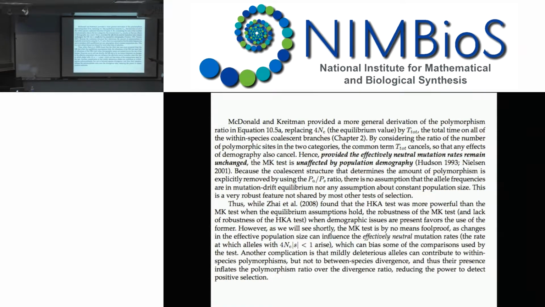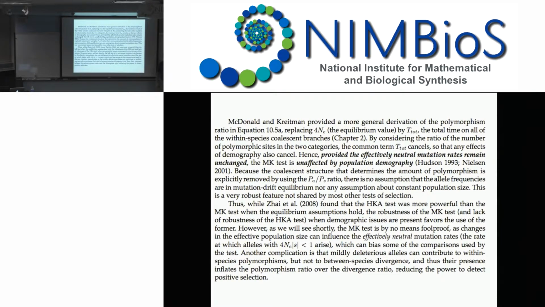If you look at this 4N_e term that comes into polymorphism, you can actually replace that by a term that looks at the total amount of time on that coalescent branch. That allows you to have a non-equilibrium population. The ratio of those two cancel, so that's removed. So it's often stated that the McDonald-Kreitman test is unaffected by population demography.